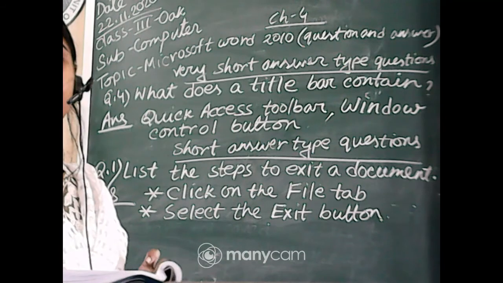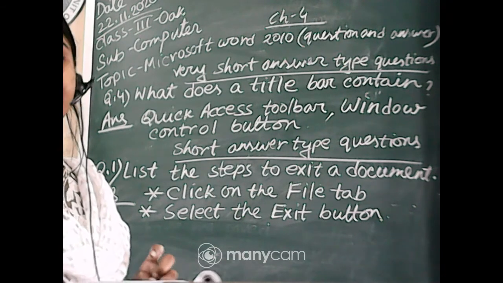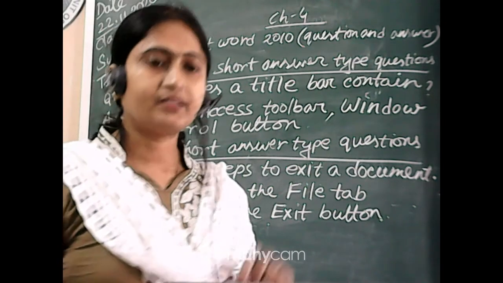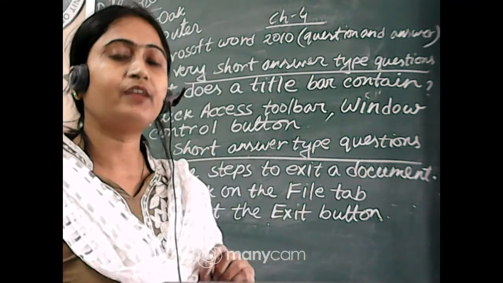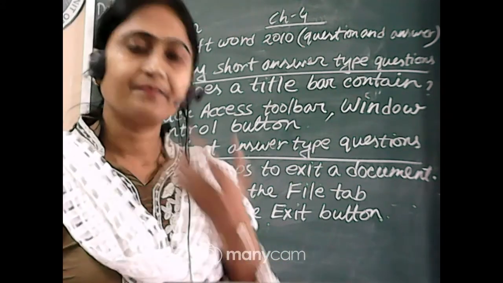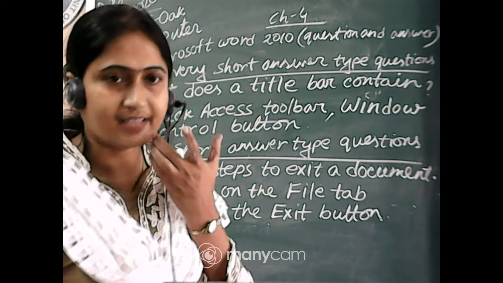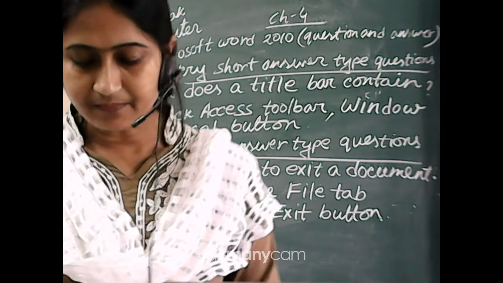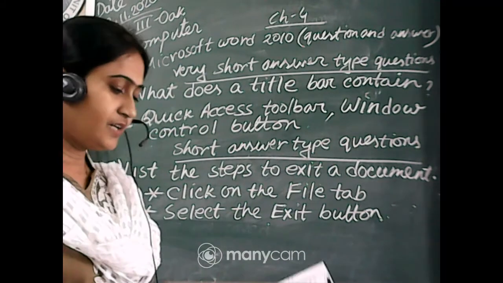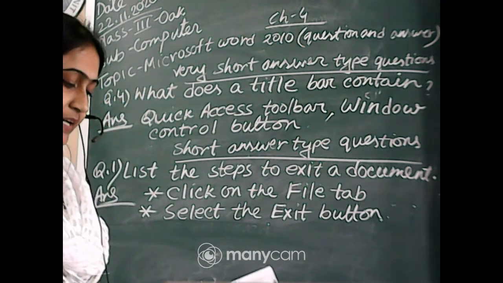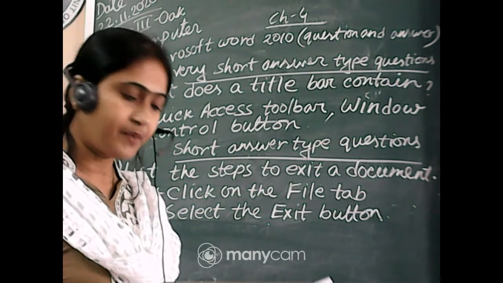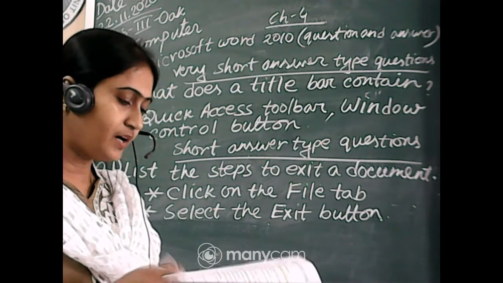If you have not saved the changes in a document before exiting, the machine reminds you: do you want to save the changes? If you say yes, then it will save and exit. Or another way, click the close button on the title bar and you can exit from our document.